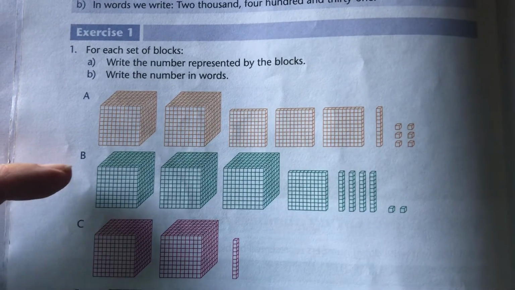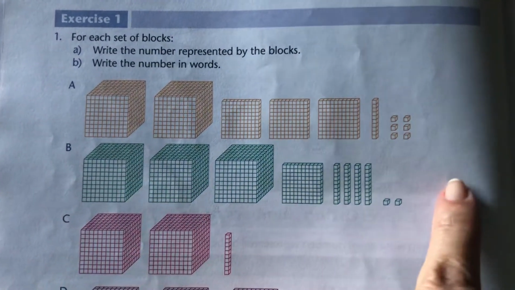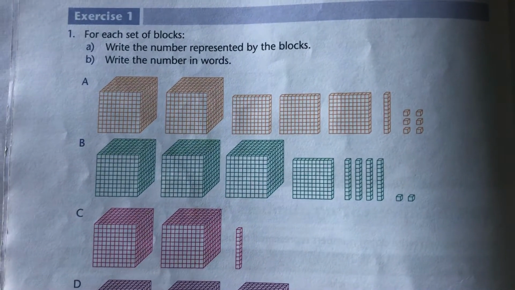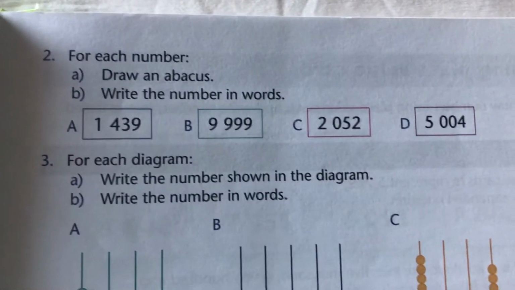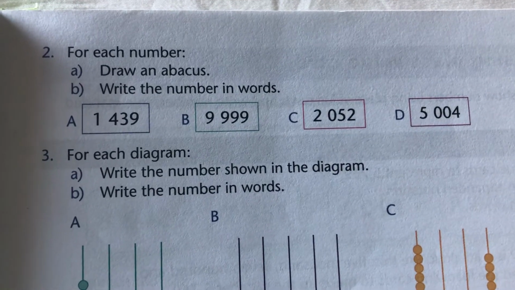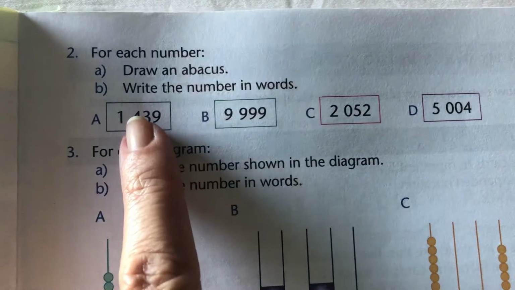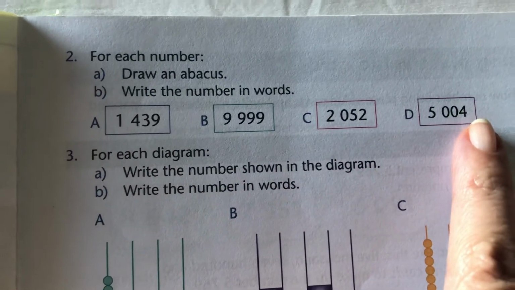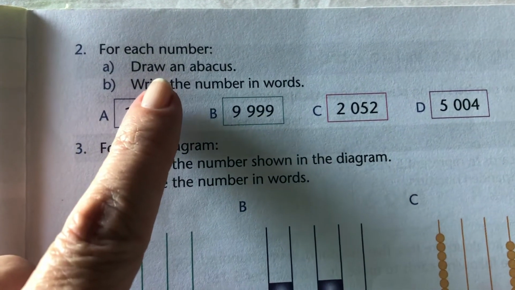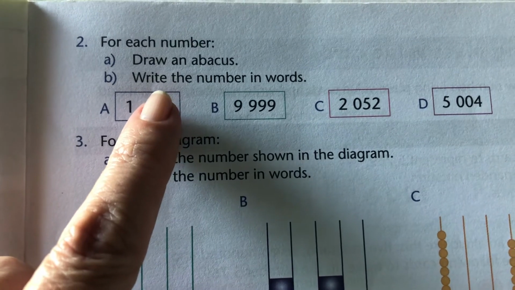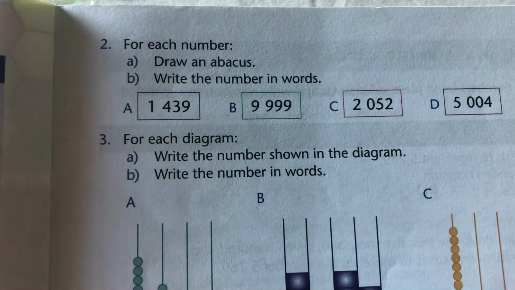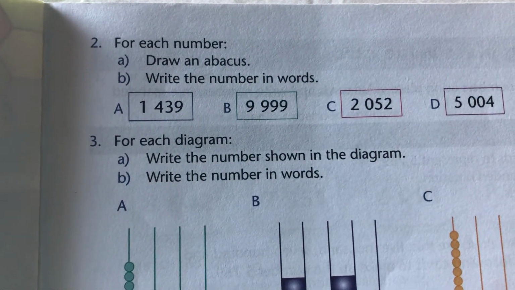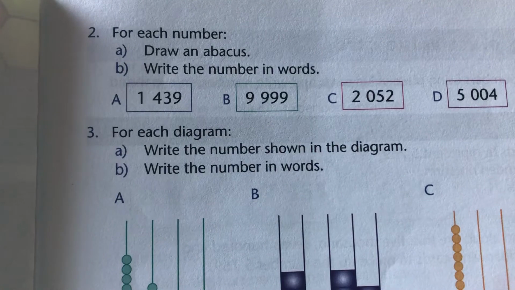Then you will go to B. You will write the number, and then you'll write it in words, and so on until you've finished question 1. If we move up to question 2. Question 2 says, for each number, so for each of these numbers, you must first draw an abacus and then write the number in words. Now, I'll show you just now how I expect you to draw an abacus. It's not a fancy art class, it's just a simple stick drawing.